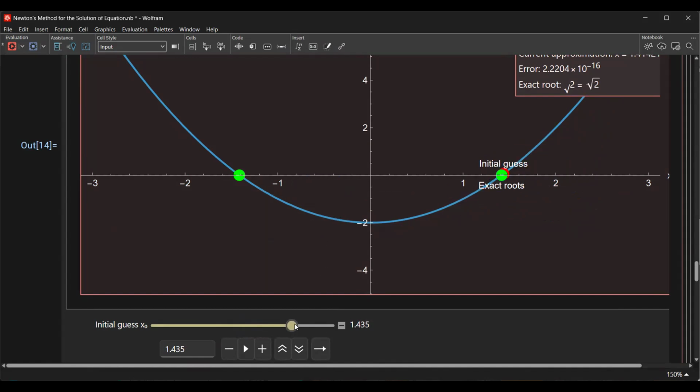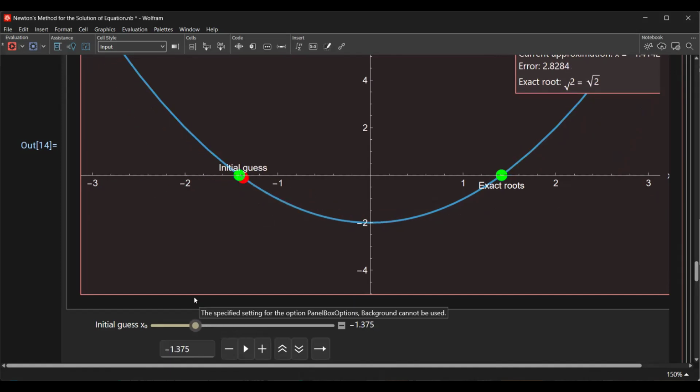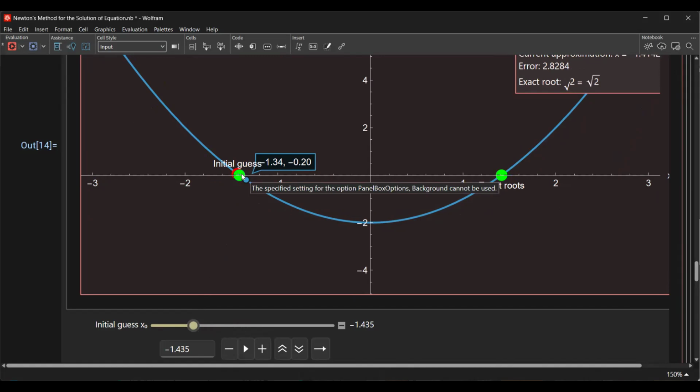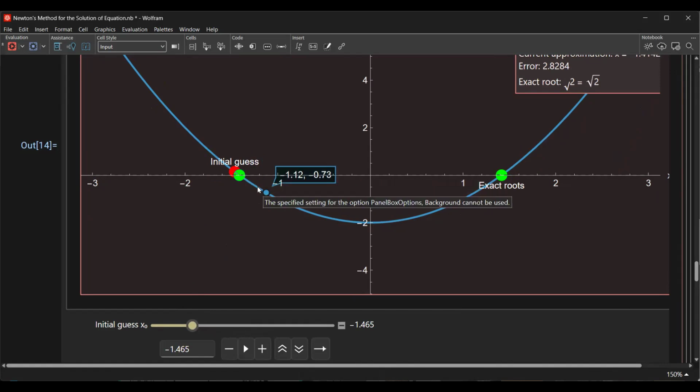Then on the other side, this is also negative 1.43 approximately. So this is negative 1.33. Negative 1.38.